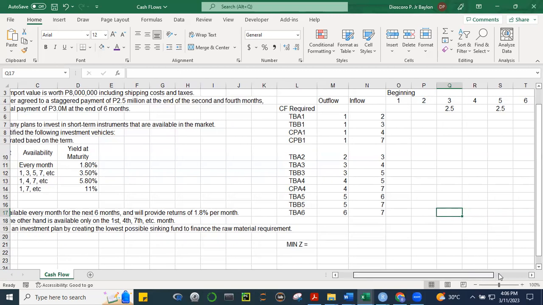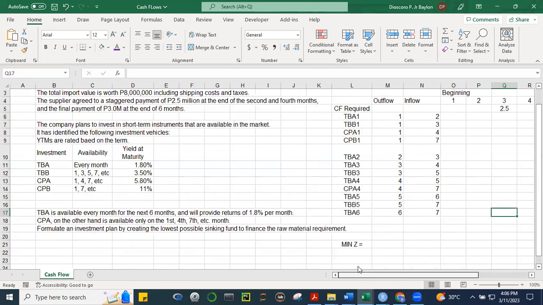Erwin, pero ang gusto talaga natin, what we want is to minimize our sinking fund. Because what will happen is to establish a sinking fund and we will let that sinking fund grow in such a way that at the beginning of the 3rd month, we have enough funds, 2.5, to draw out from that fund and then pay our supplier.